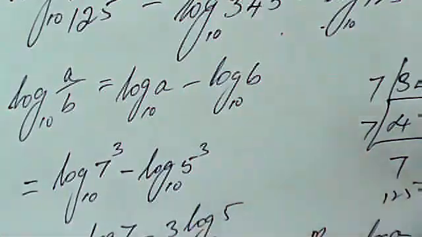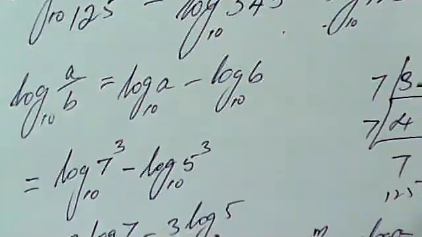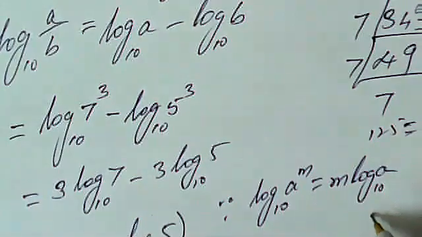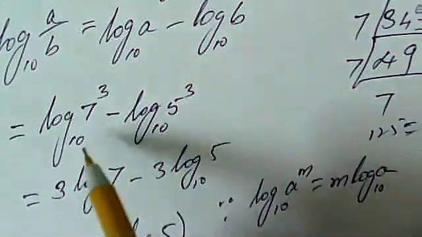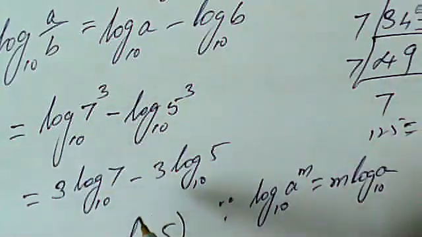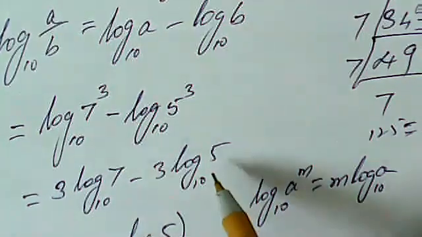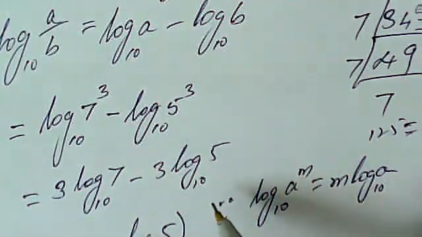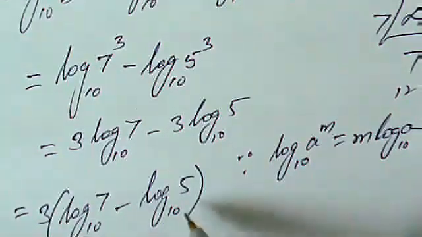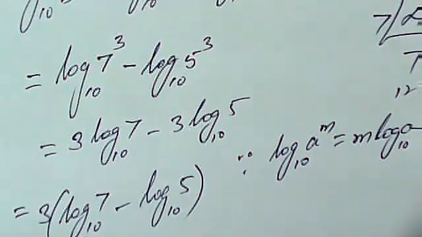Again I am applying the power rule: log of a power m to base 10 equals m log a to base 10. So what do you get here? 3 log 7 to base 10 minus 3 log 5 to base 10. This is an expanded form. You can leave it here itself, or if you want, you can take 3 as a common factor, so what you get is 3 times log of 7 to base 10 minus log of 5 to base 10.